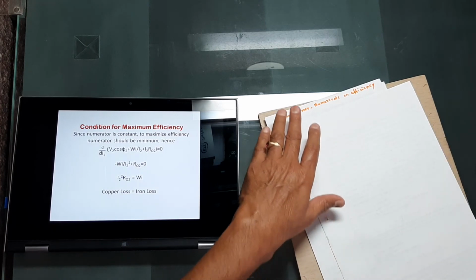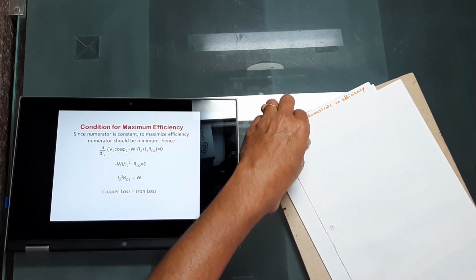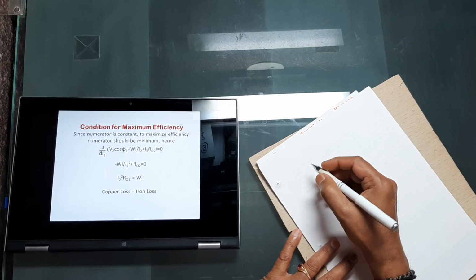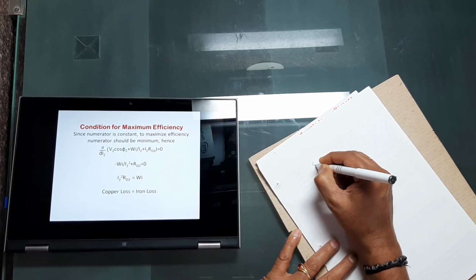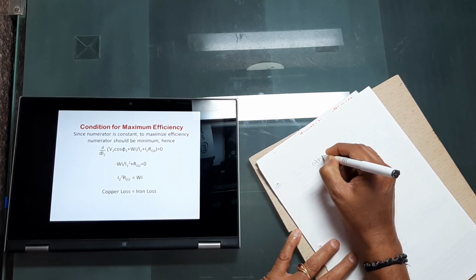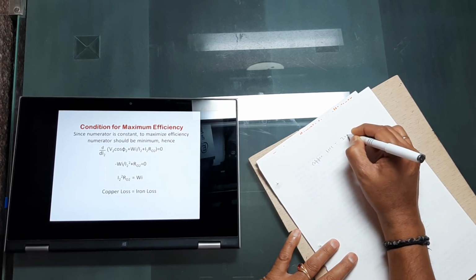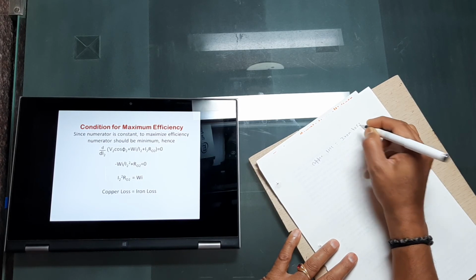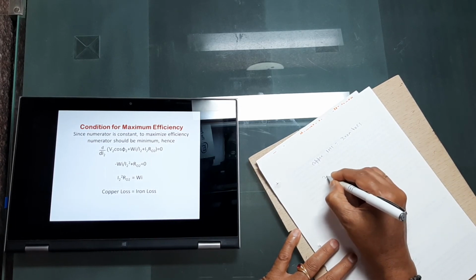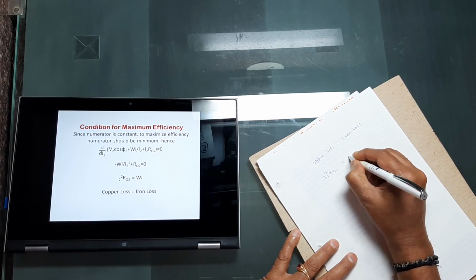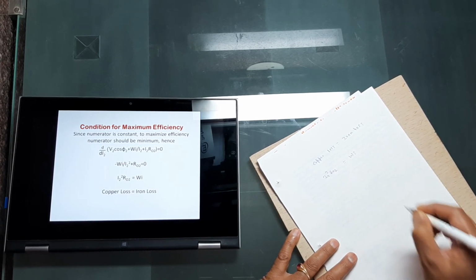Therefore, we have derived the condition for maximum efficiency. What is that? The copper loss is equal to the iron loss. That is, I2 square RO2 must be equal to Wi.